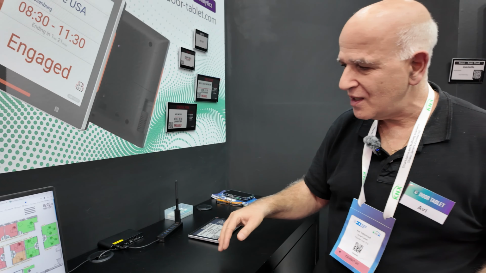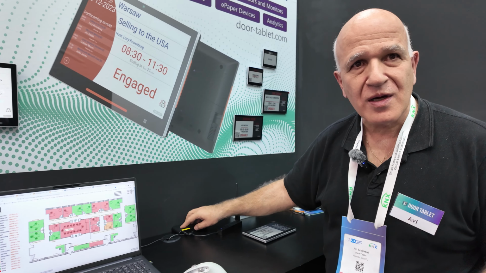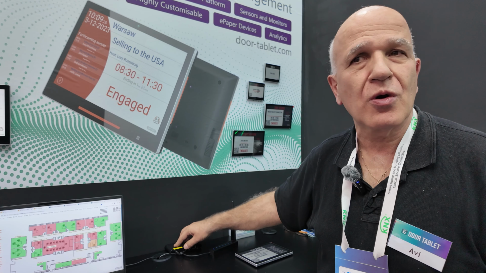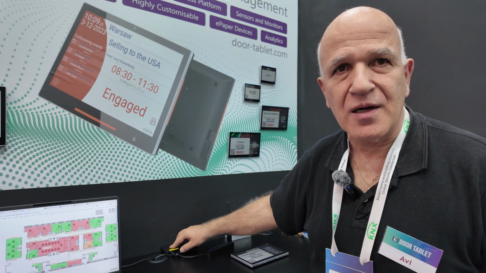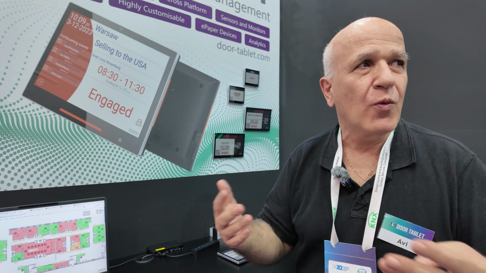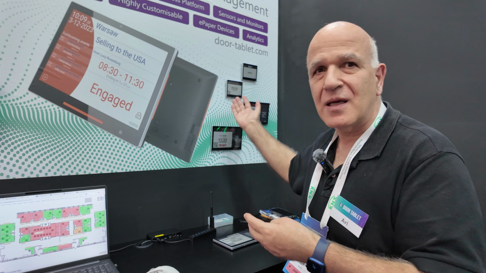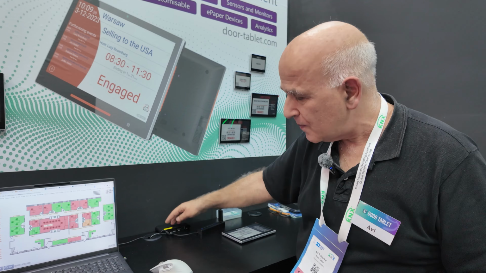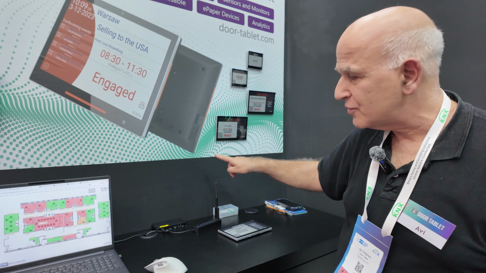So what happens here is that the software that runs here is called the Door Tablet EPS controller. The EPS controller communicates with our server. The server tells it schedules, who booked a room, what's happening on the agenda, what's happening in a particular desk, and it's the responsibility of the software here through the Bluetooth dongle to modify the displays on the EPS.